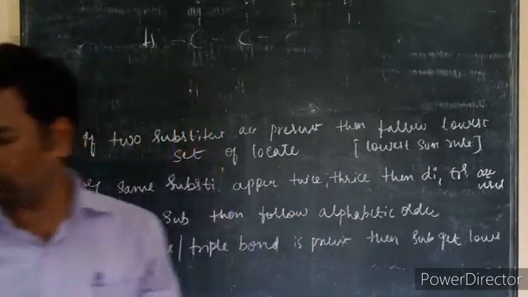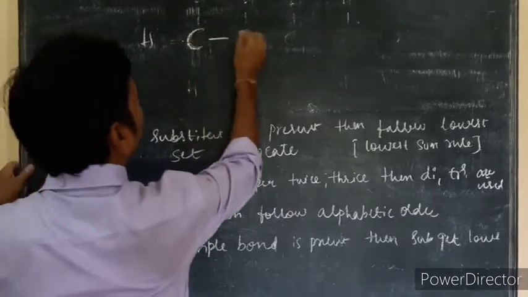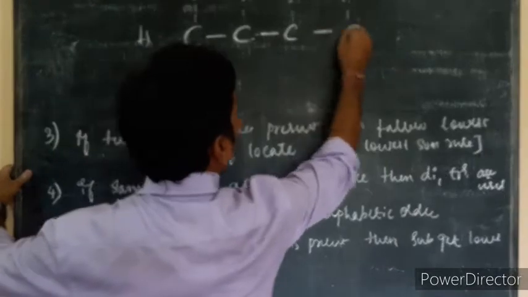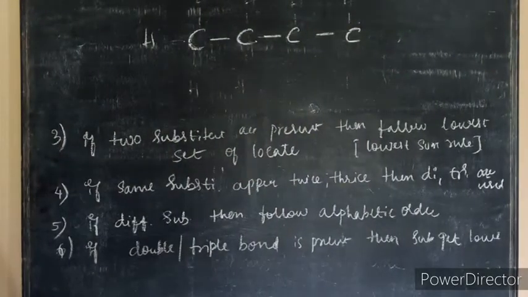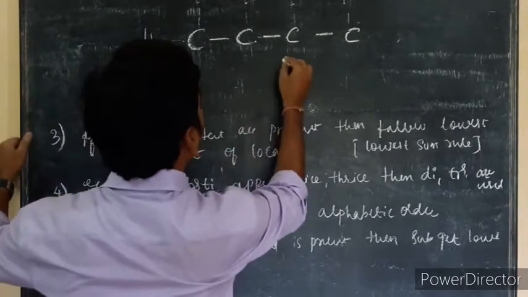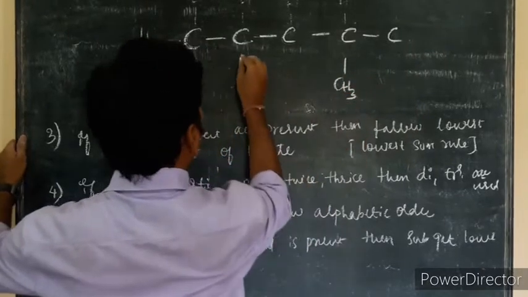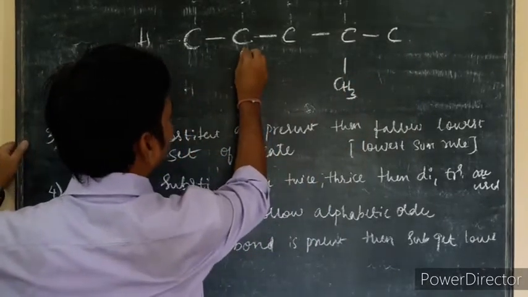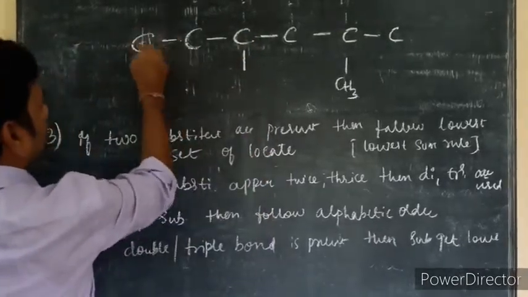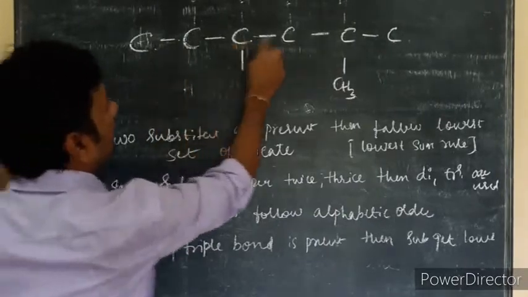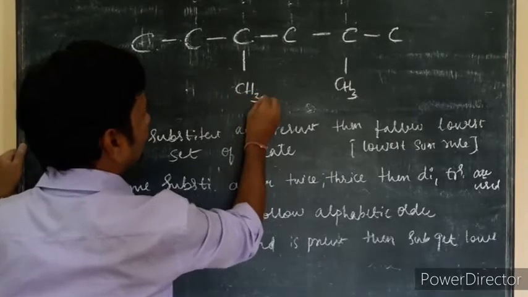I will show you how exactly. If two substituents are there, for example, 1 2 3 4, a 4 carbon compound, suppose the substituents are CH3 here, and one more substituent I will consider here. 1 2 3 4 5 6, with one CH3 here.